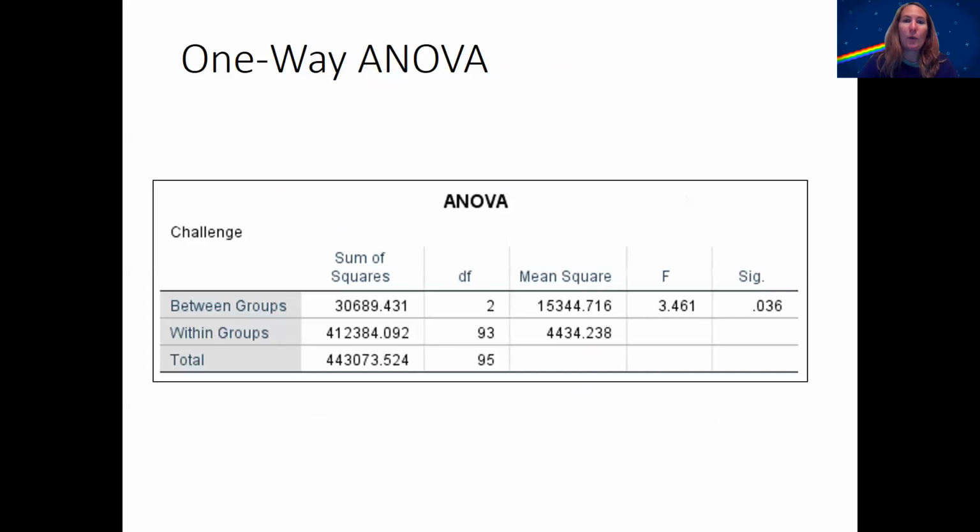Okay, so we've looked at the one-way ANOVA, and this is the table that you get. I've shown you some of this already. This is sum of squares for your one-way ANOVA. Here you have your between groups.